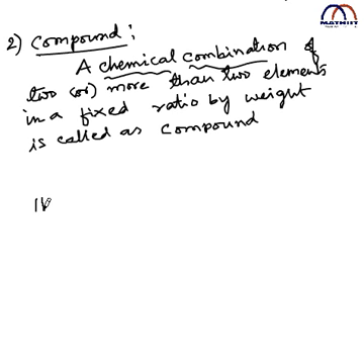Imagine that I am taking one element, hydrogen, and another element, oxygen, and both of them combine with each other in a chemical reaction and give rise to water. We are very much familiar with water, which is also a chemical. The first thing you should remember is that the hydrogen and oxygen ratio by mass is always fixed. In every compound of water, we will find the same ratio of the masses of hydrogen and oxygen.